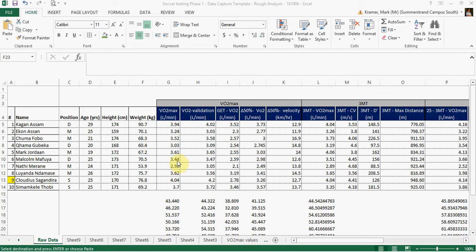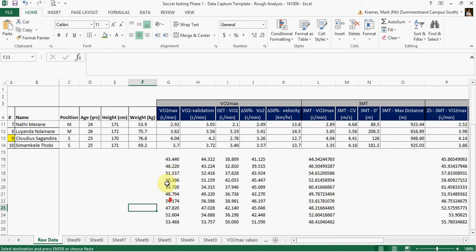So how do we start going about making this regression equation? Like I said, the variable of interest, for example, is the VO2 max values. So that's something that I want to start with. These are your absolute values in terms of liters per minute. I'm going to start taking the relative values.